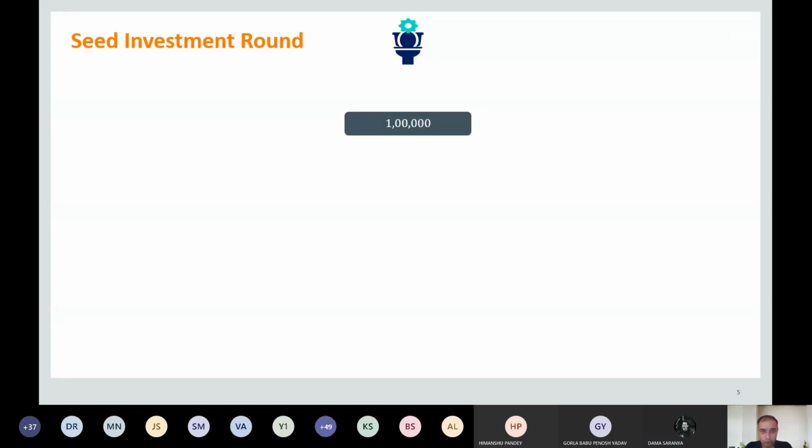Say for example, you are having a company which needs an initial investment of, say, 10 lakh rupees. Then you decide to give it as shares, like who is going to have how much share. So you release the shares equivalent to this money.